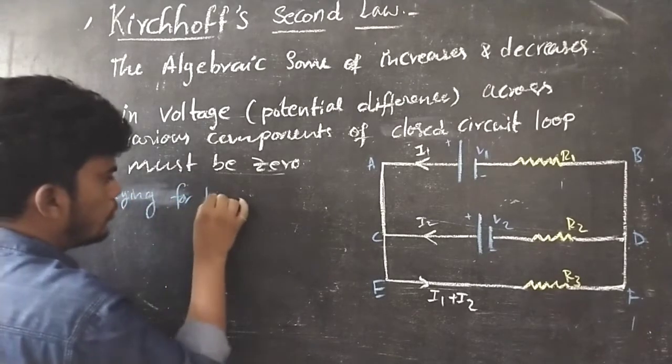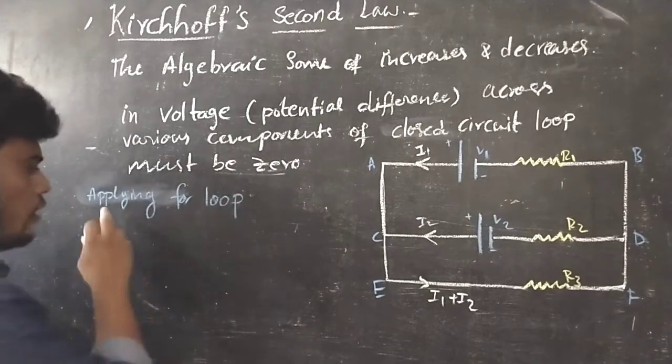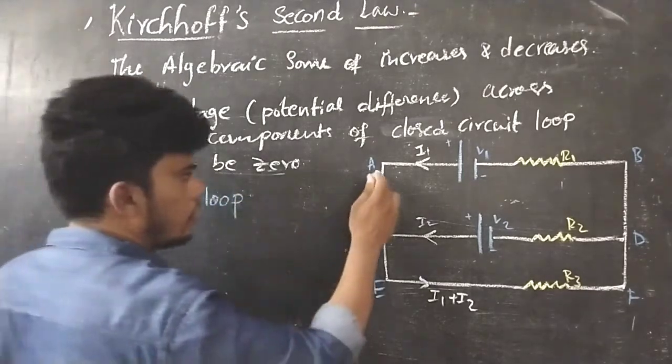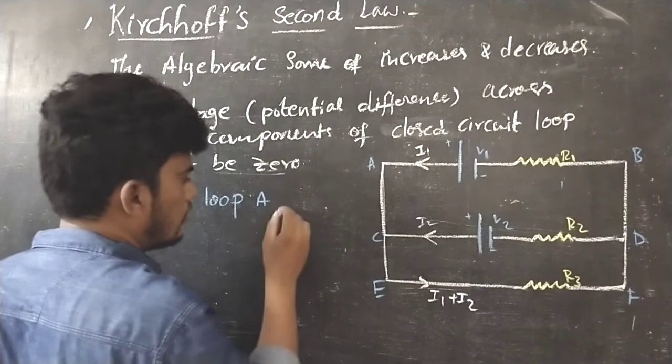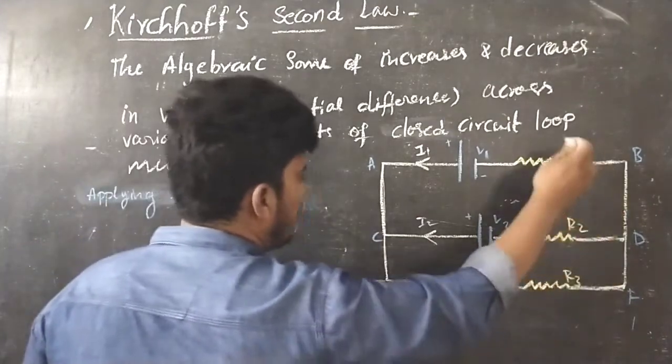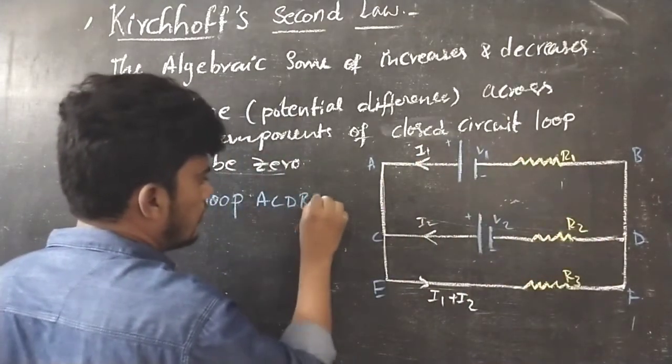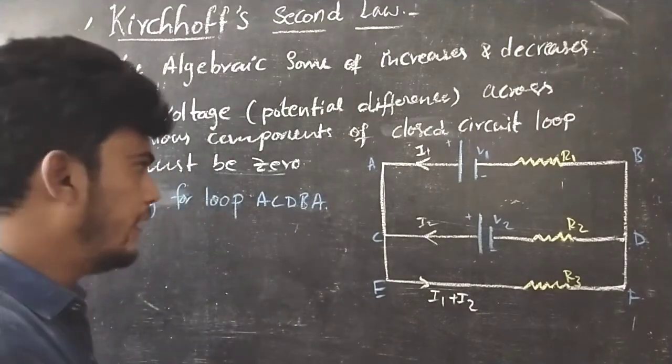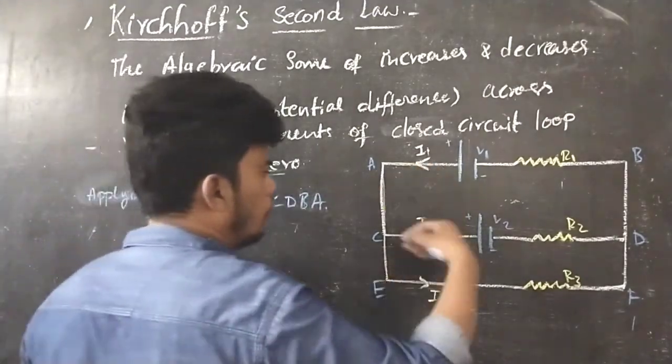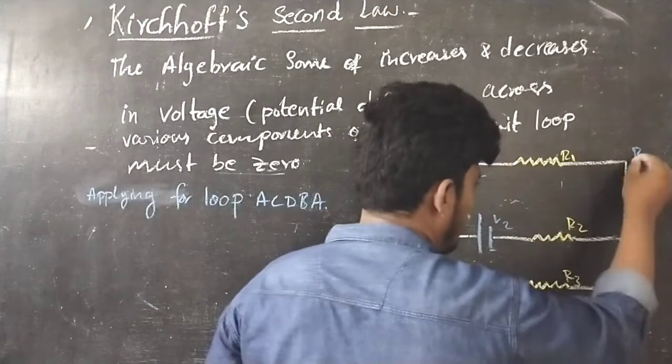Now I am applying Kirchhoff's second law to the loop A, C, D, B, A.